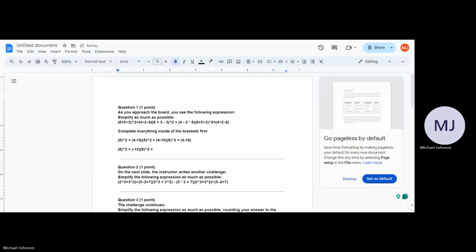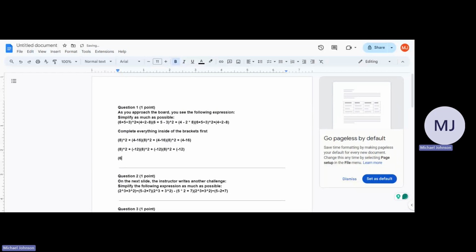So then plus negative 12, and then 8 squared here, plus negative 12. So 8 squared is 64, plus negative 12 times 64, plus negative 12.